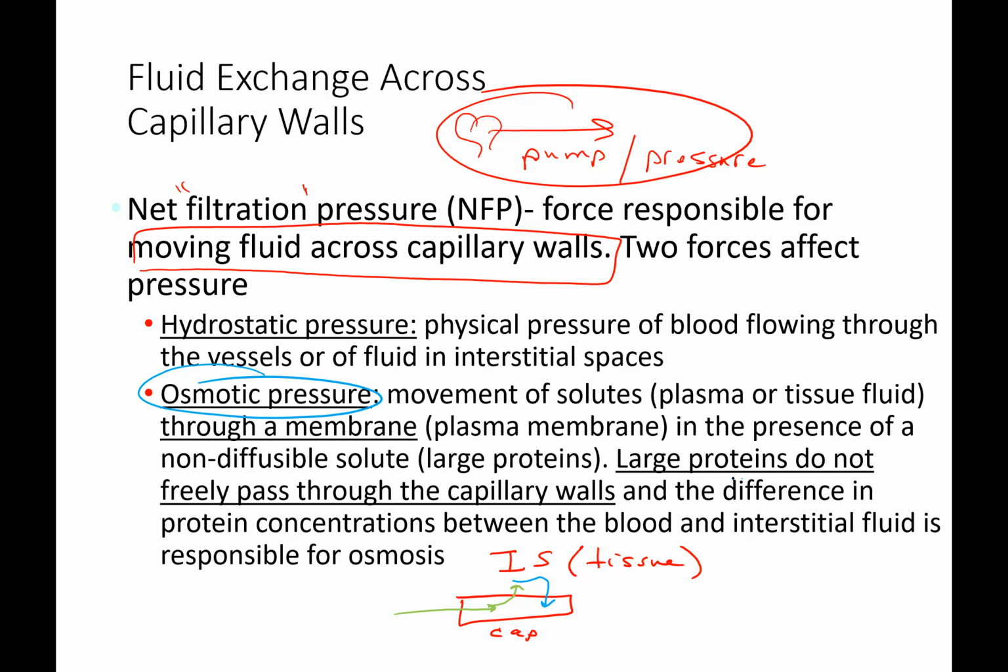But if everything is in homeostasis with a combination of solutes, the main one being proteins such as albumin and globulins, that's going to maintain a normal osmotic pressure and contribute to the healthy net filtration pressure.